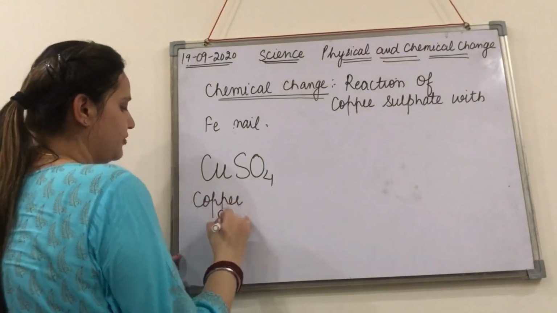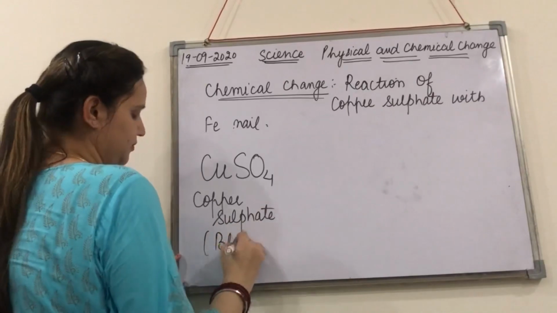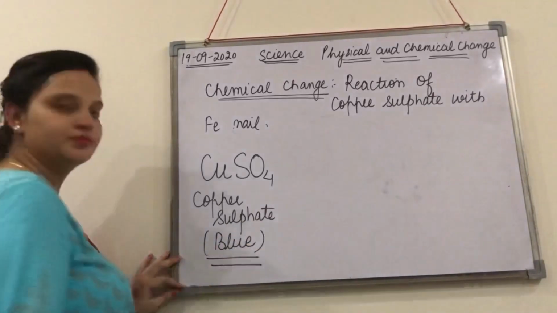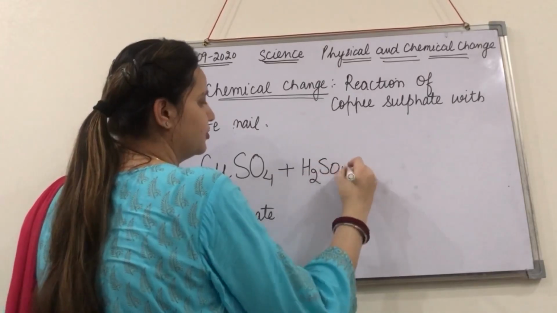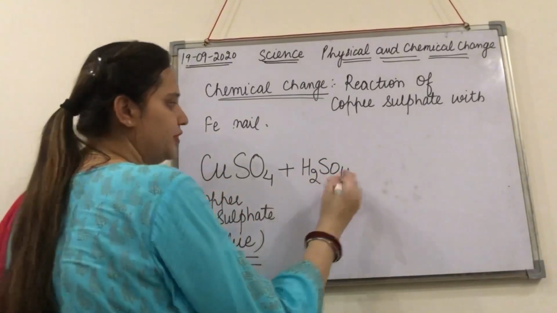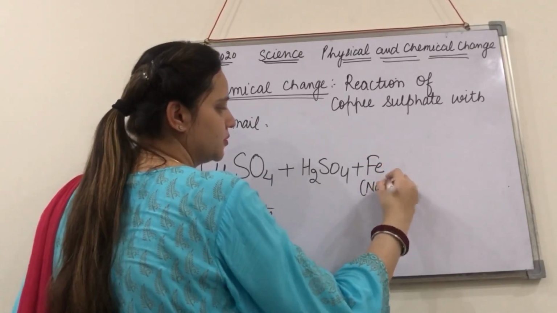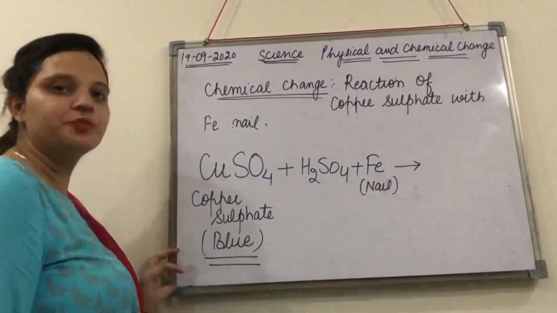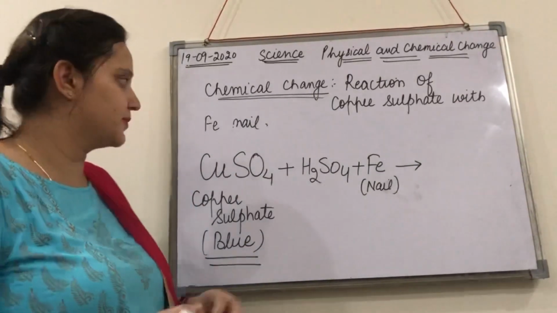That is copper sulfate solution, and this solution is blue in color. Let's add a few drops of sulfuric acid to it, H2SO4, and then we are going to put an iron nail in the test tube that contains the copper sulfate.